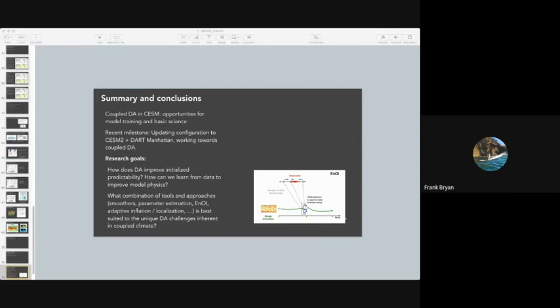What if we were to invest more in the observing system? What would be the most advantageous investment from a data assimilation reanalysis perspective?